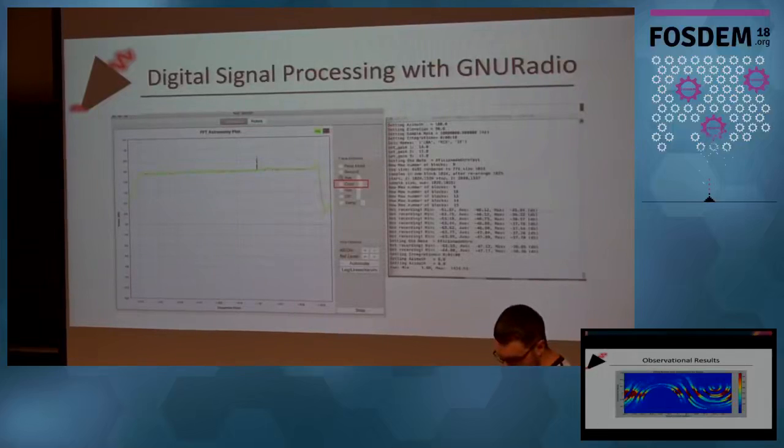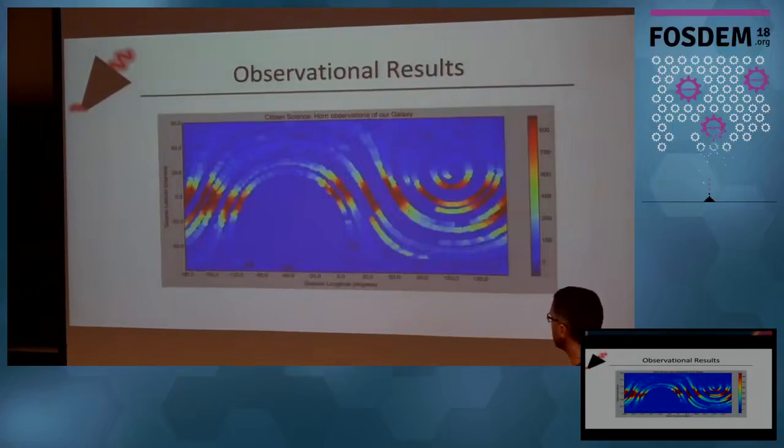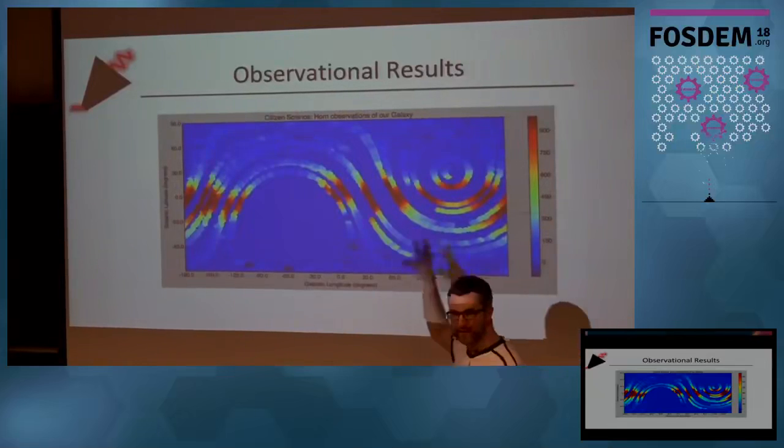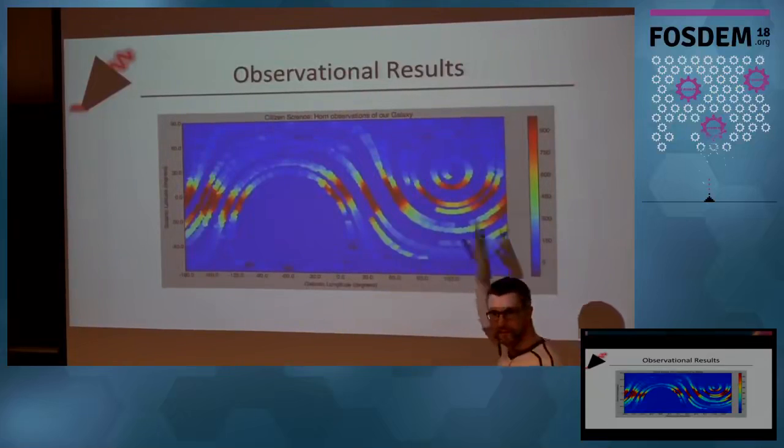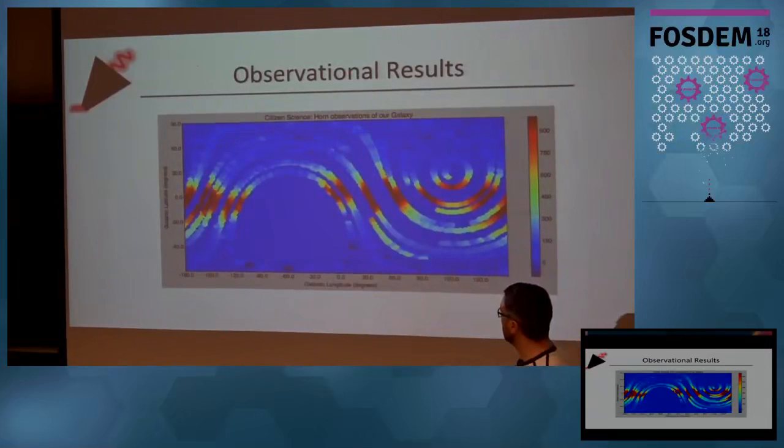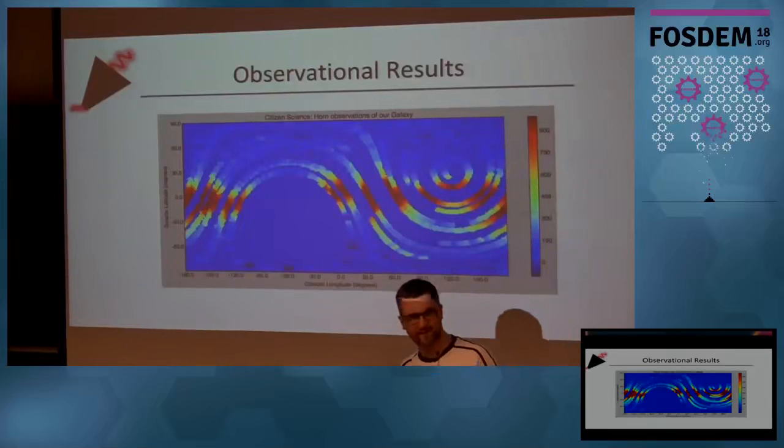Now, if you align this with some information about where you're looking, you get pictures like this. We don't have a measurement for every single spot on this graph, which is why you have these curves. I don't know how familiar you are with the galactic coordinate system.